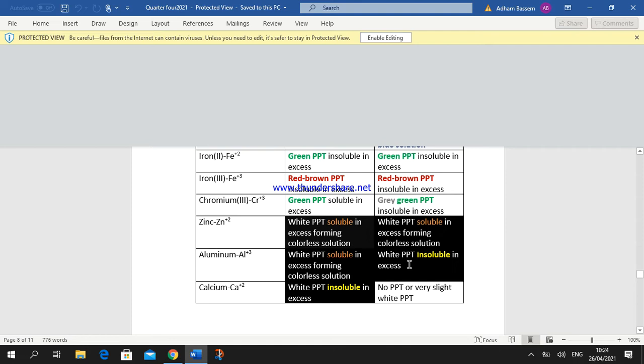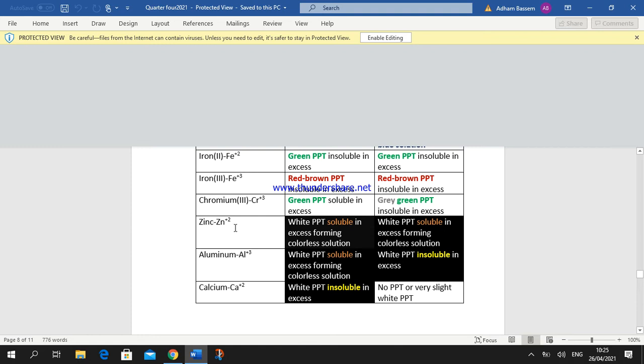So to differentiate between calcium and aluminium cations, because both produce a white precipitate, we add more aqueous sodium hydroxide. In the case of calcium, nothing happens, the precipitate can't dissolve. But in the case of aluminium, the white precipitate disappears and becomes colorless.